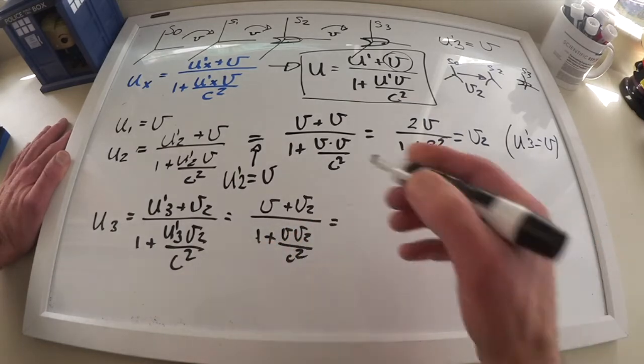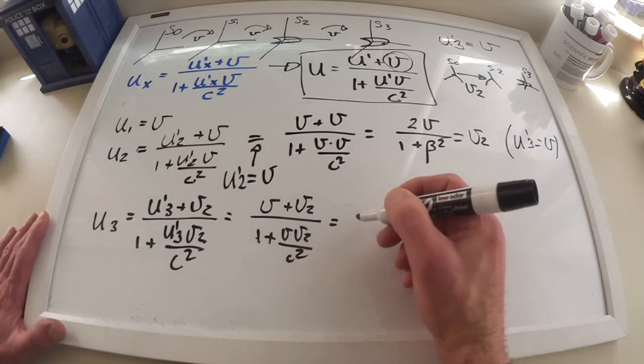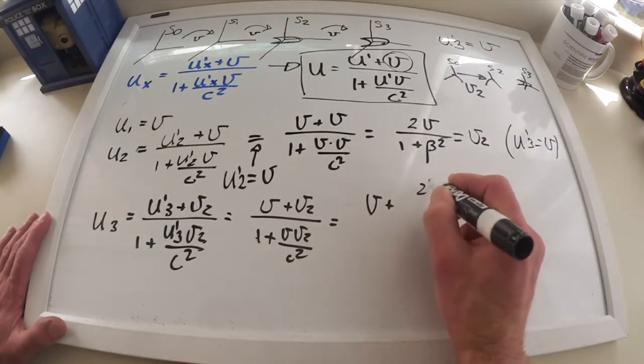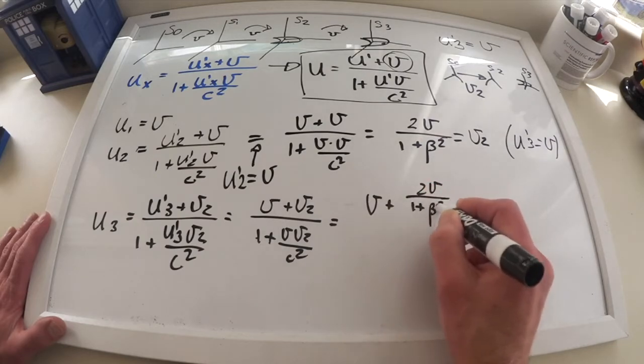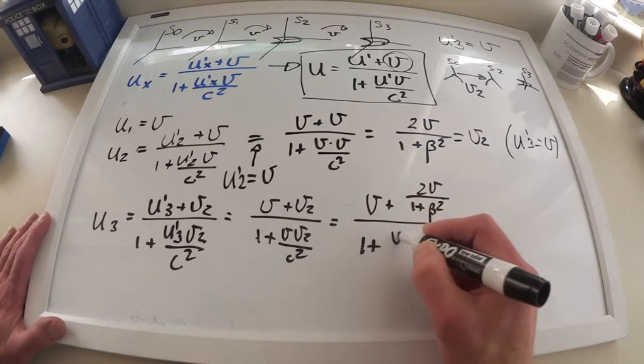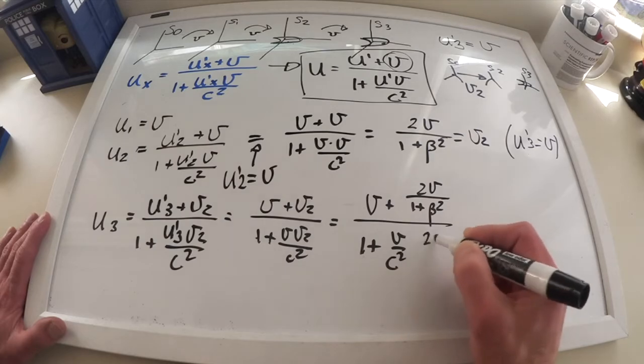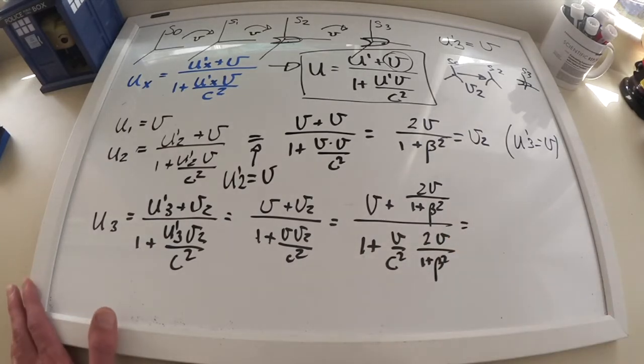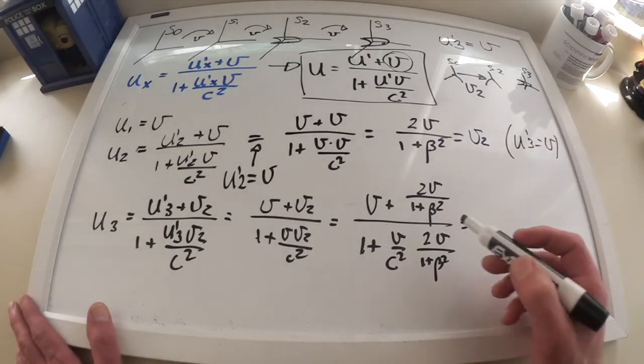And now instead of v2 I will write that. So that's going to be v plus all this stuff here. That simple equation. Now let's simplify this a little bit.